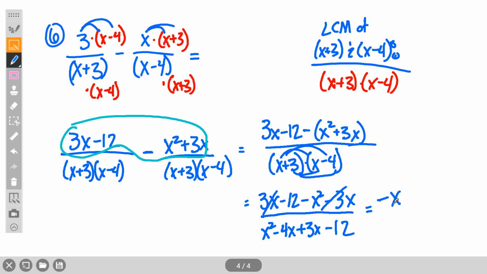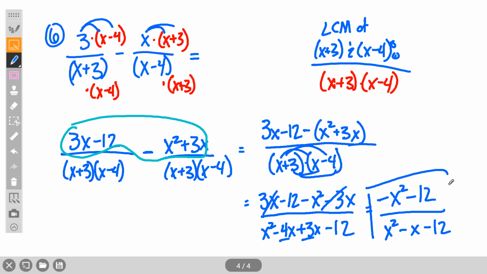So I got negative x squared minus 12 in the numerator. The denominator, I have x squared minus x minus 12, because these two combine to make minus x. And there we have our difference.